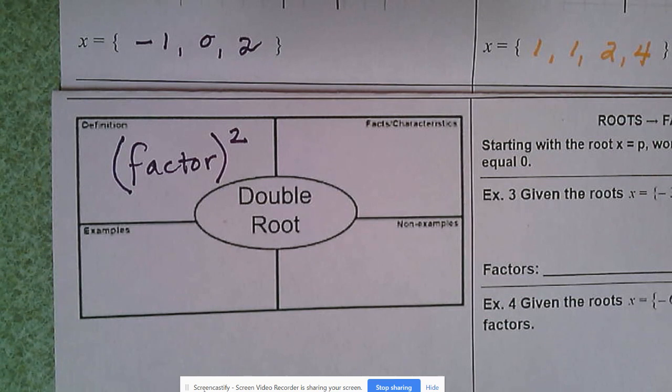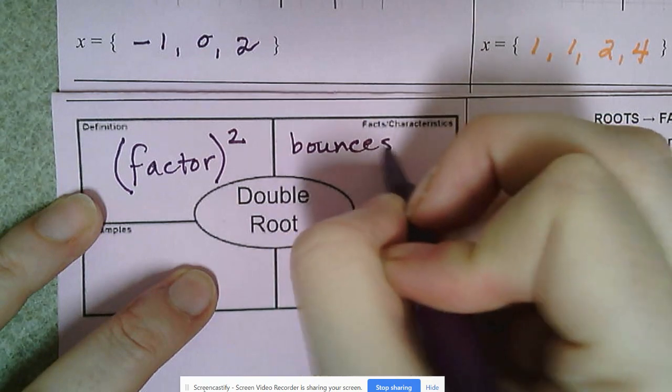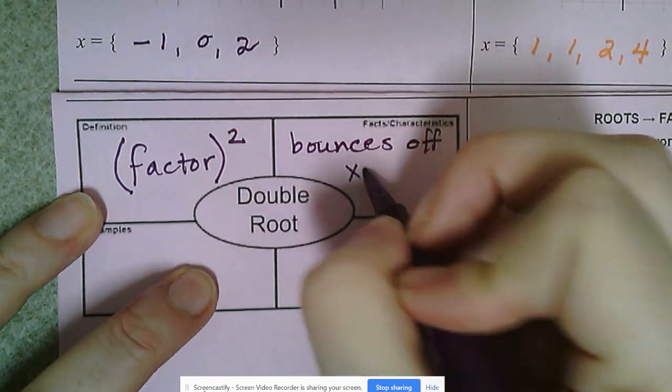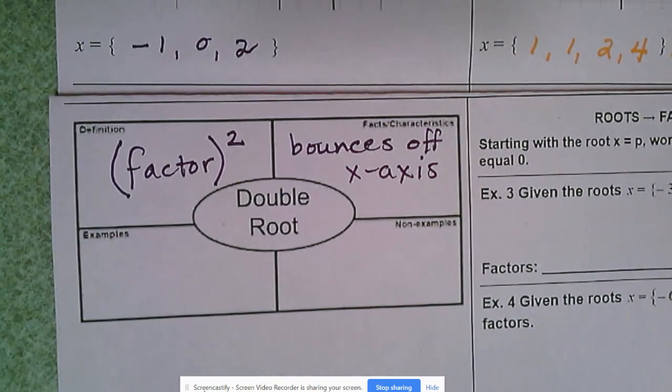That is actually a double root. And the equation of the quadratic parent is x squared. That's why that's a double root. So it bounces off the x-axis. It has to be the x-axis, and we refer to it as a bounce. It hits it, and then goes back in that same direction.